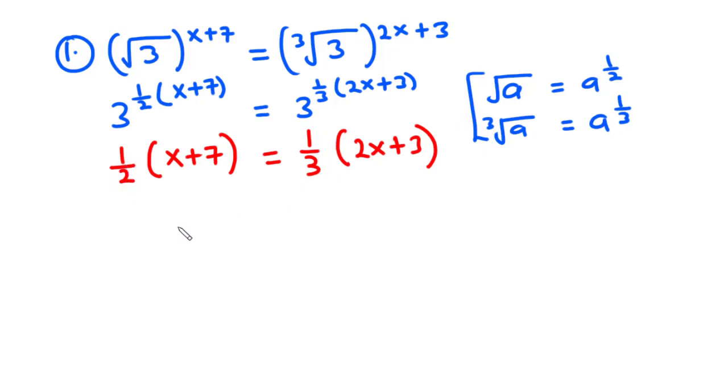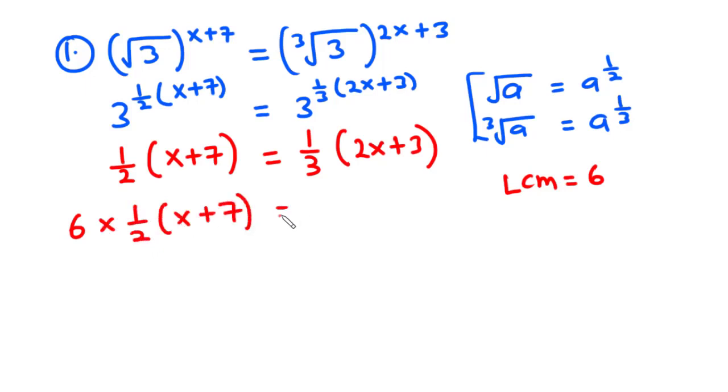Now the LCM between 2 and 3 is equal to 6. So we are going to multiply through by 6. So we have 6 times 1 over 2 into bracket x plus 7, and then we have 6 times 1 over 3 into bracket 2x plus 3.